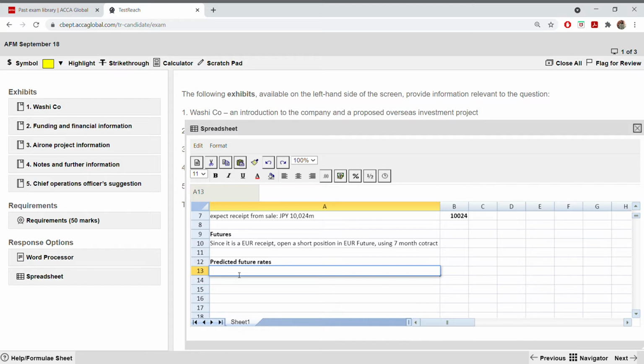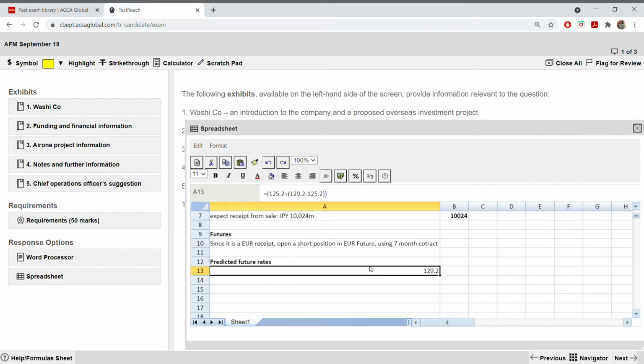It is 125.2. Put the equal sign: equal to 125.2 plus the difference between the spot and the future, which was 129.2 minus 125.2.